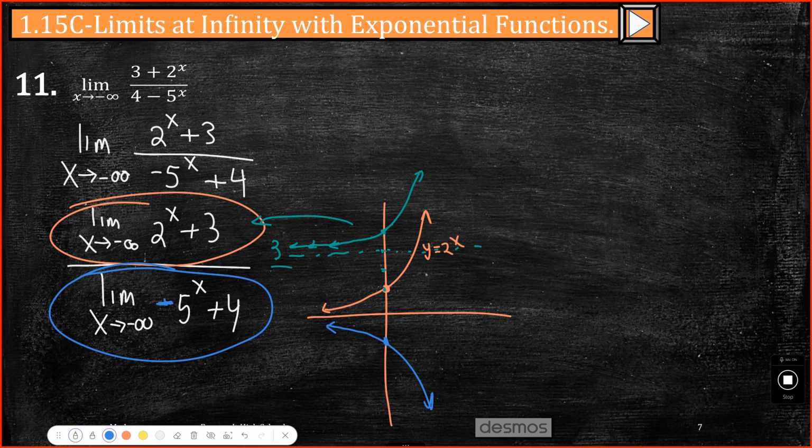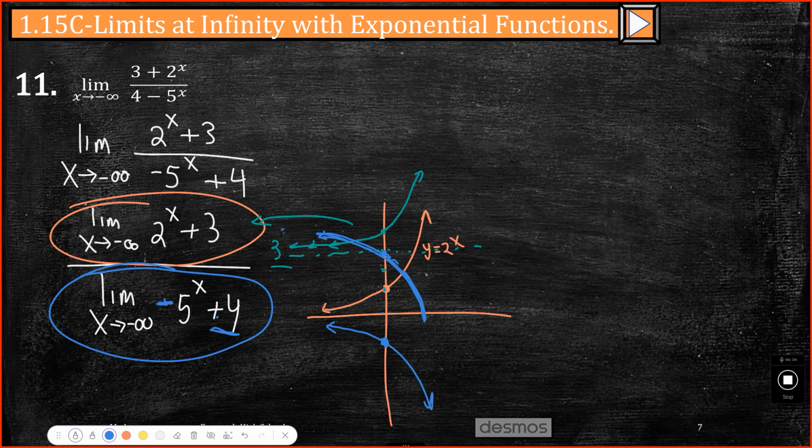But then it has been shifted which way? This graph has been shifted up 4. Yes or no? Up 4. So at this point, it's going to go 1, 2, 3, 4. And then the graph is going like this. Maybe I should have graphed it in a different graph.